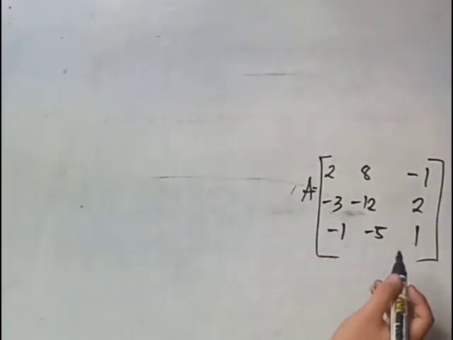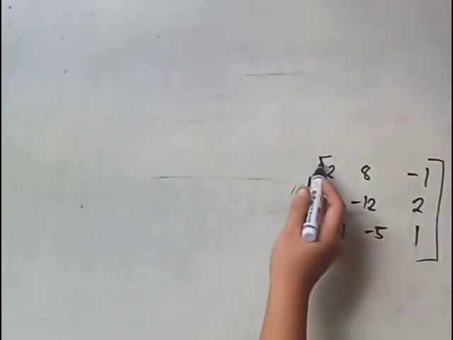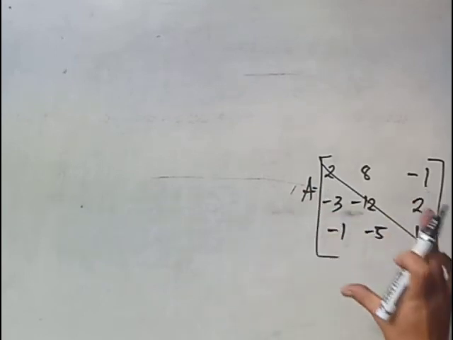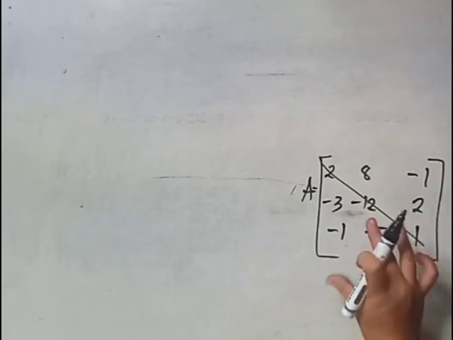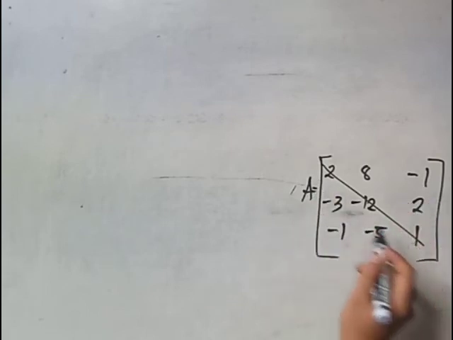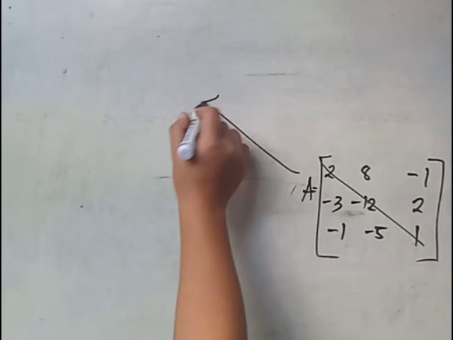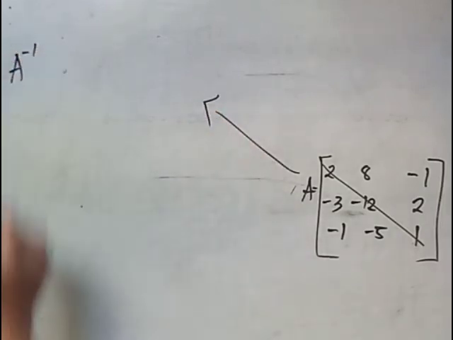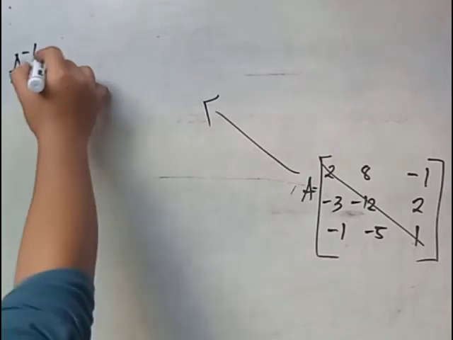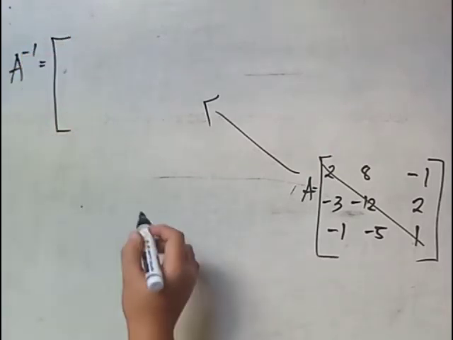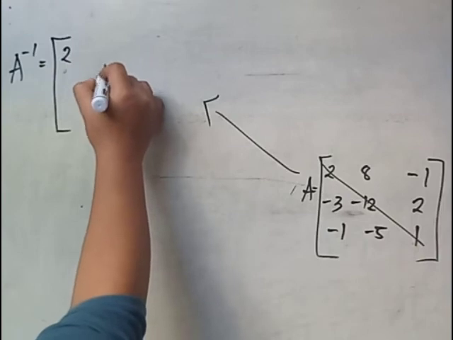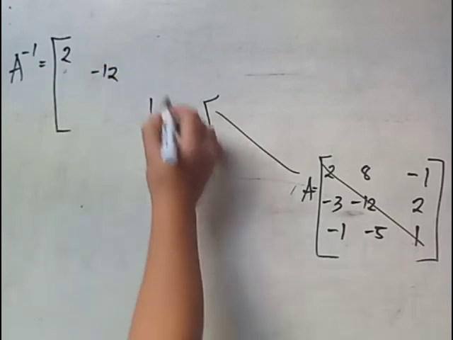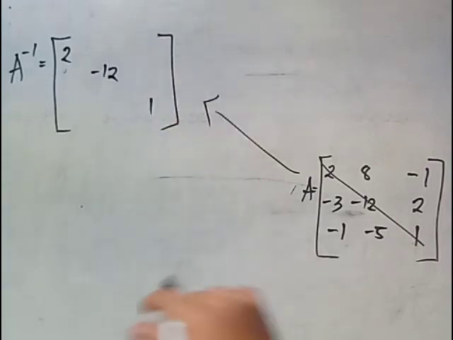But we're not done yet. In order to find the inverse of the matrix, we're going to flip the elements of this matrix except on this diagonal. Let's have another matrix here and get the inverse of the matrix. So 2, 12, negative 12, and 1 remain in their places.